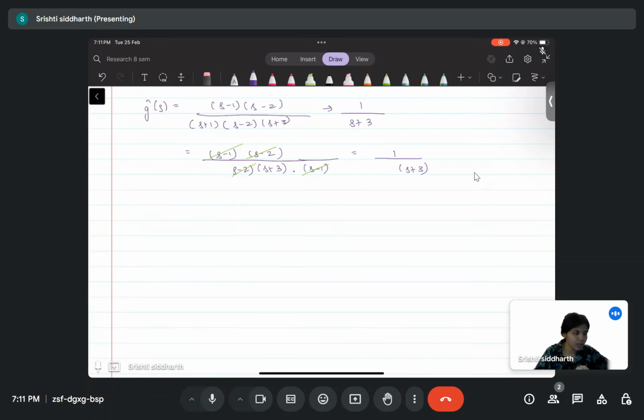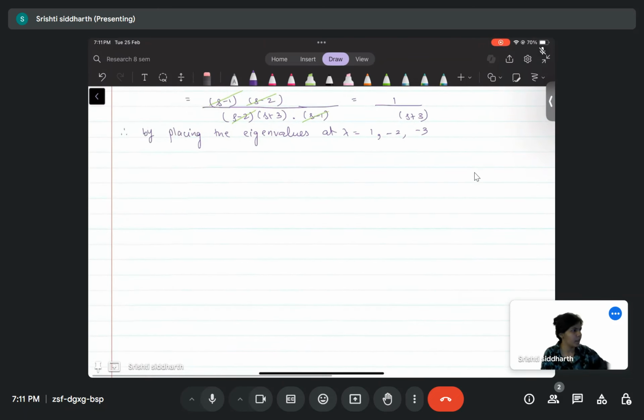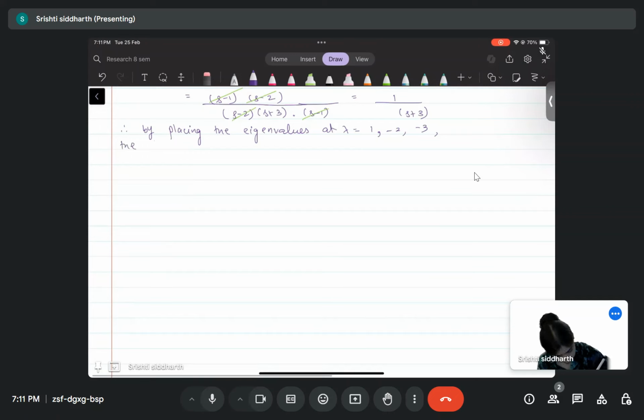So by introducing an eigenvalue at S equals 1, or by placing the eigenvalues at lambda equals 1, minus 2, and minus 3, the transfer function can be modified to G S F equals 1 upon S plus 3.